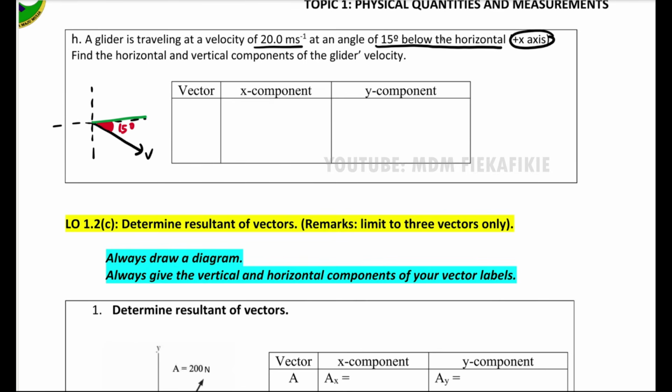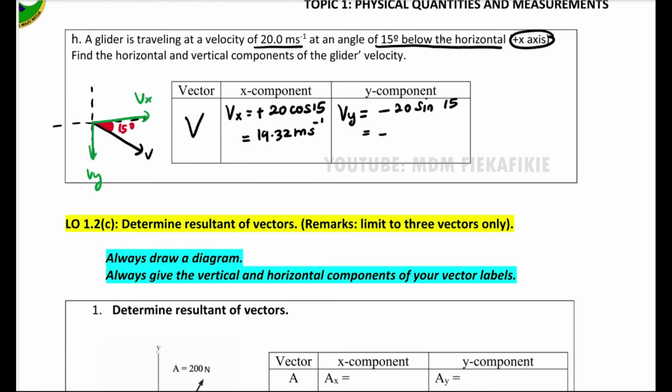When we resolve into x and y component, Vx is to the right, so positive. It is 20 cos 15, so it will be 19.32. So Vy is negative because the direction is downward. Remember. So the answer is negative 5.18 meter per second.